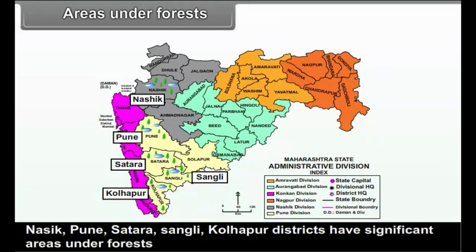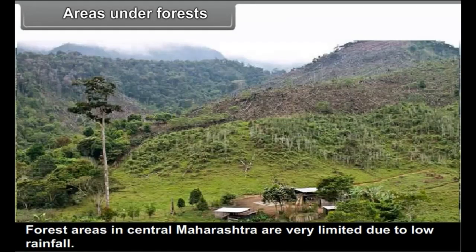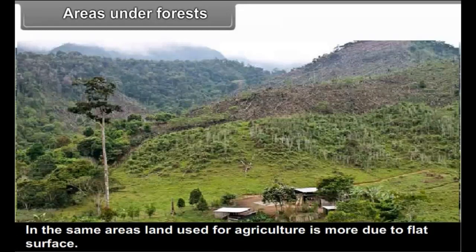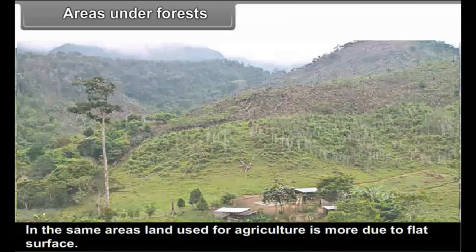Forest areas in central Maharashtra are very limited due to low rainfall. These areas are under drought-prone zone. In the same areas, land used for agriculture is more due to flat surface.